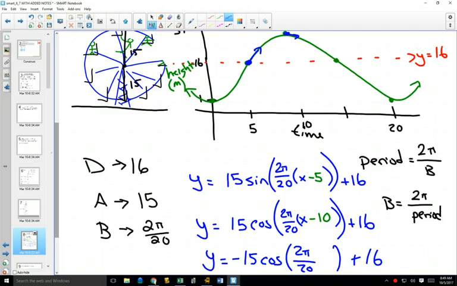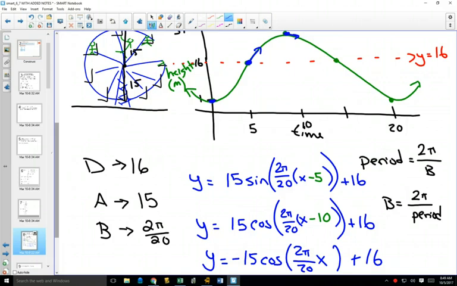And if I start at a minimum, can you see that there's no shift needed? Because that's right here already at 0. So you could just write x in there, and you would have no phase shift for that graph. And that would be a third equation that would be right.